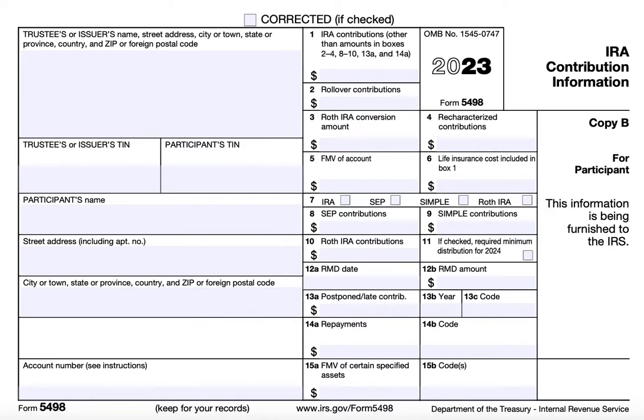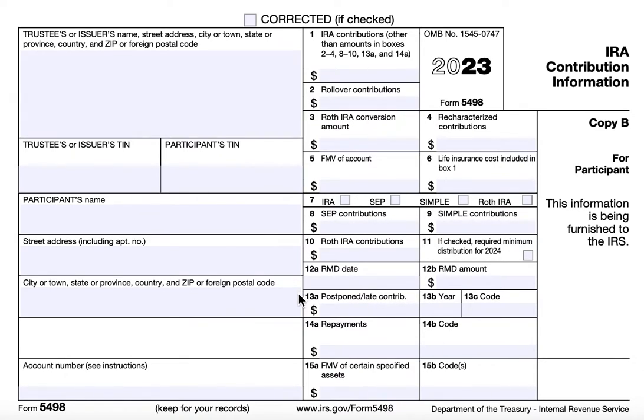Sometimes if you're doing a rollover and you don't specify a trustee-to-trustee rollover, like from your 401k plan to your IRA at Schwab, they might actually send you a check. So your 401k administrator might issue you a check, and then you receive the check, and you have 60 days to put that money into your IRA without tax consequences.